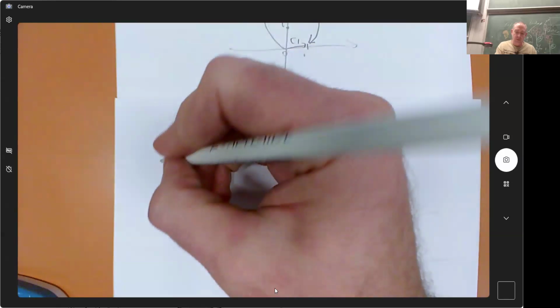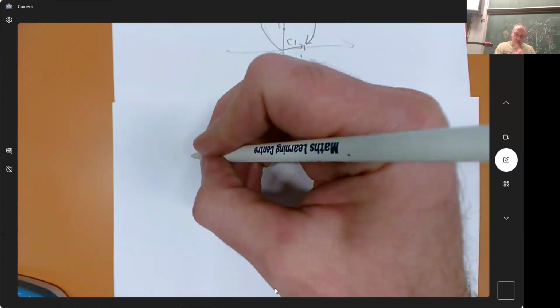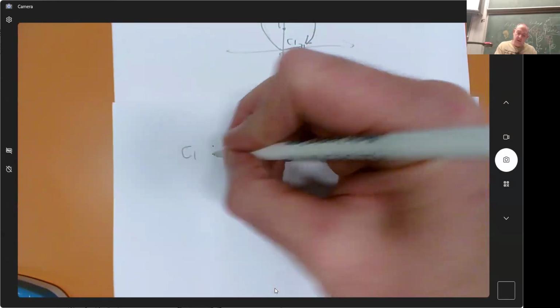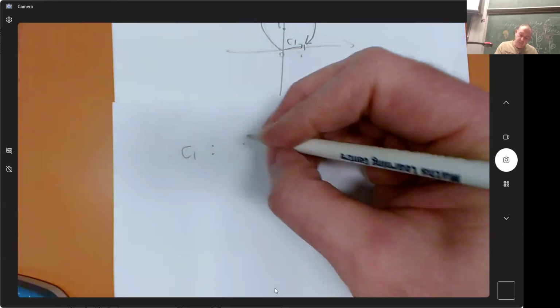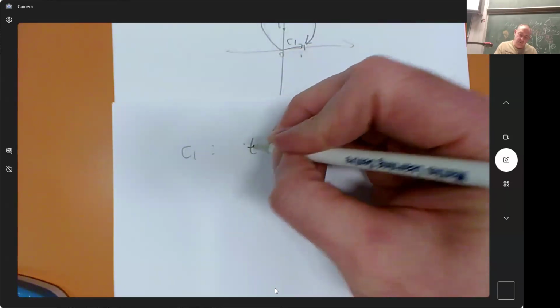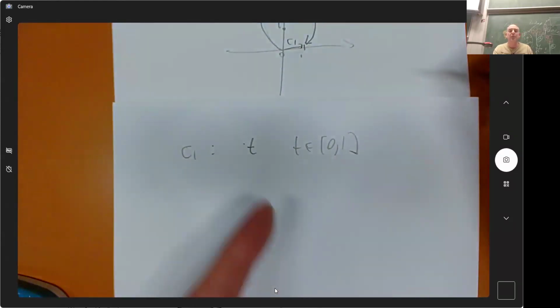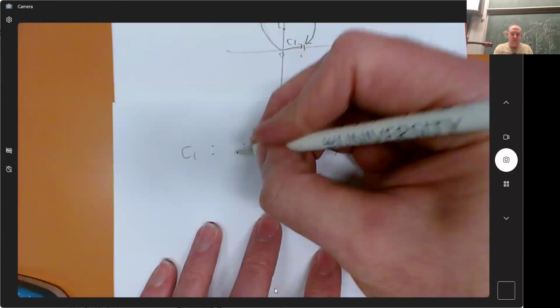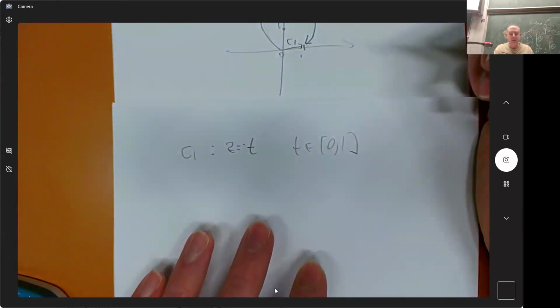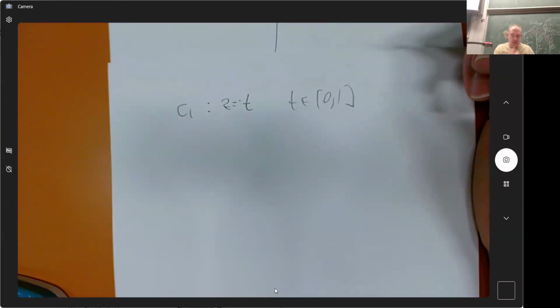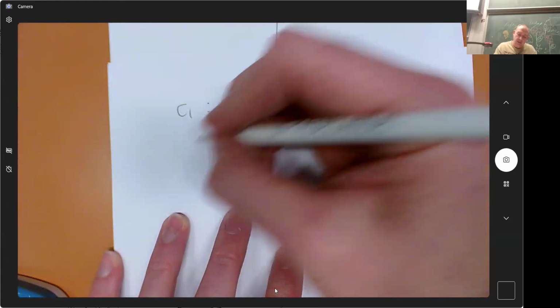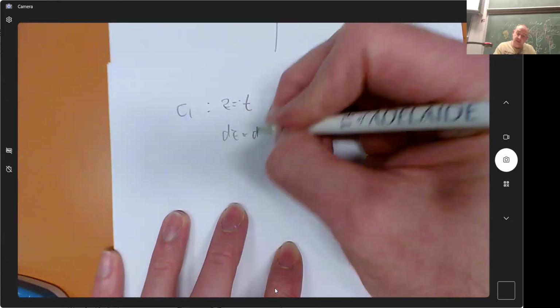So C1 is just t for t between 0 and 1. It's a perfectly good parameterization of that. z equals t, and so dz would just be dt.